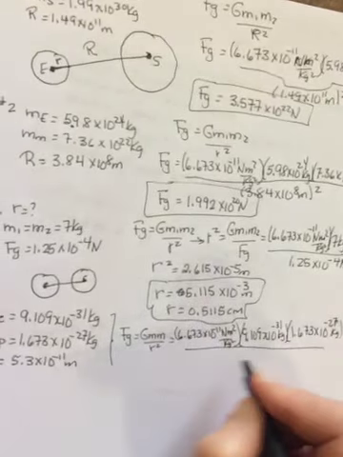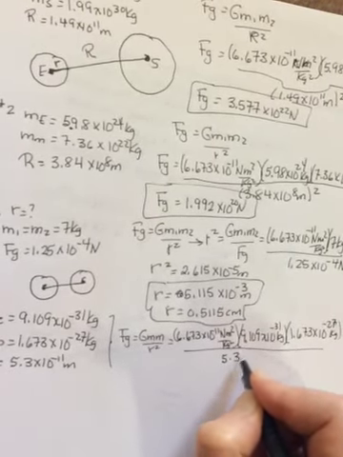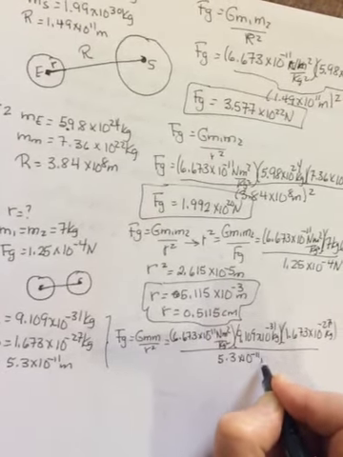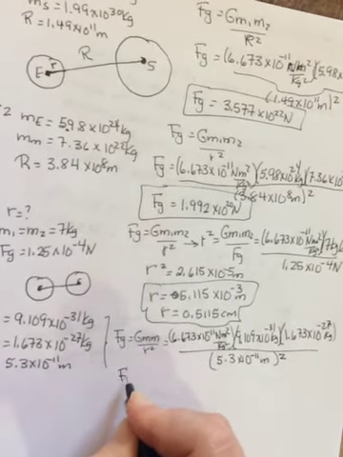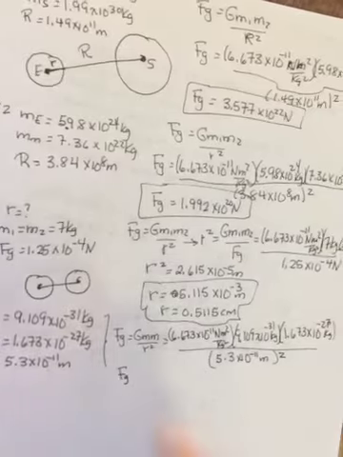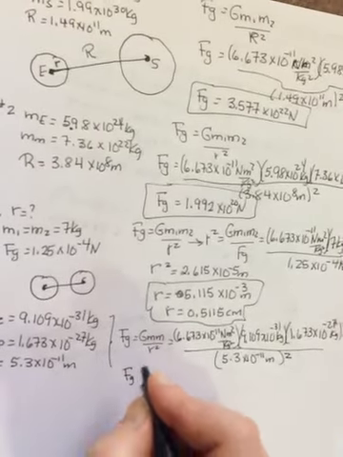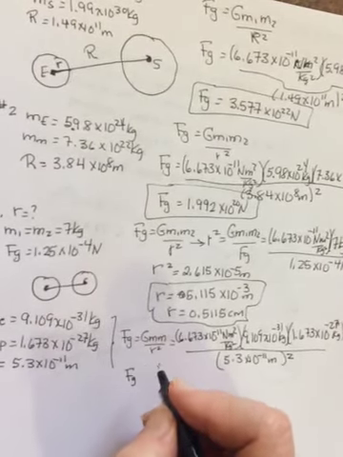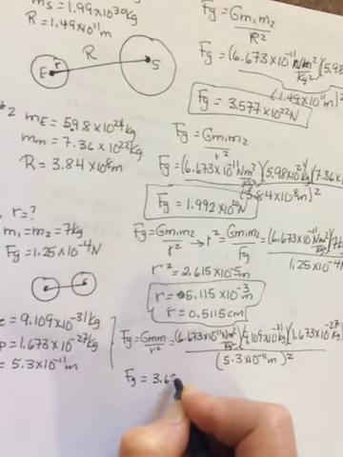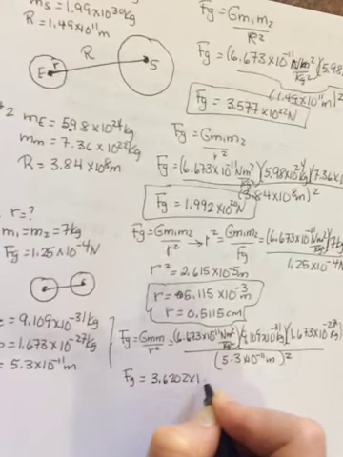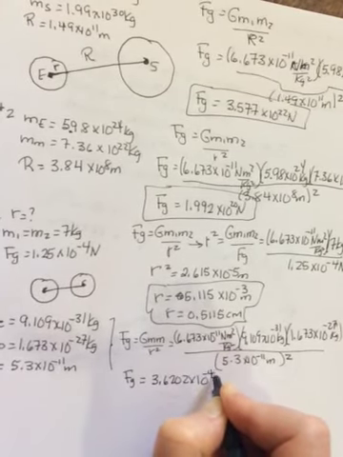And all of this is going to get divided by 5.3 to the negative 11 meters squared. Do not forget to square it. And you're looking for Fg, you should get 3.6202 to the negative 47 newtons.